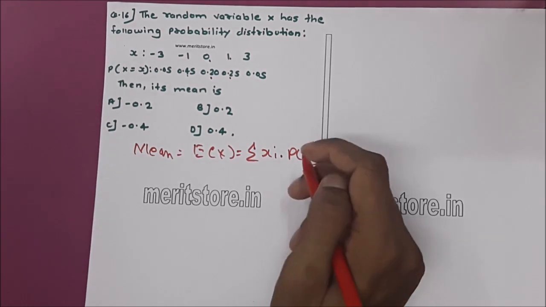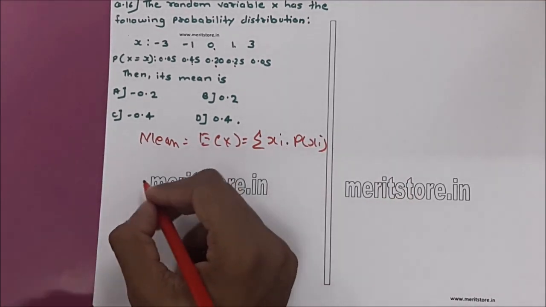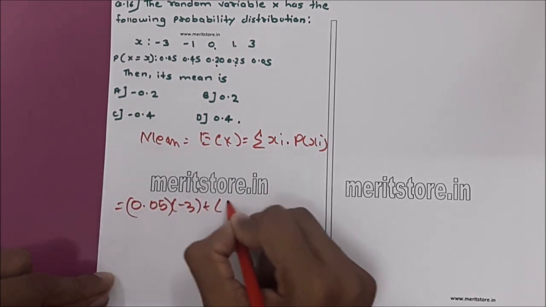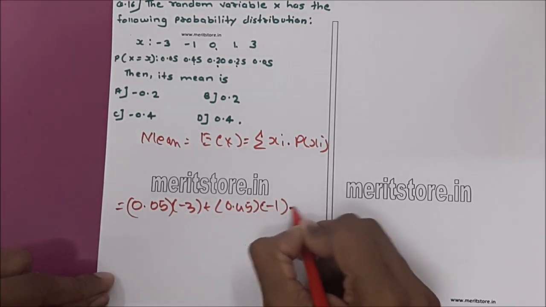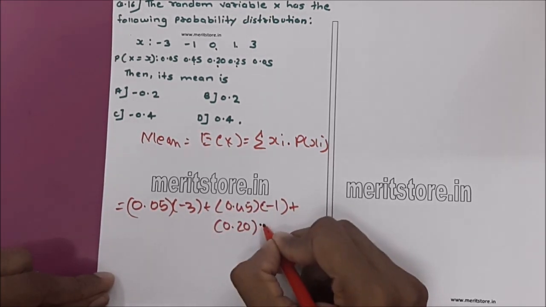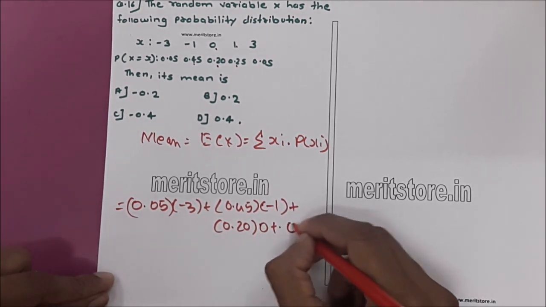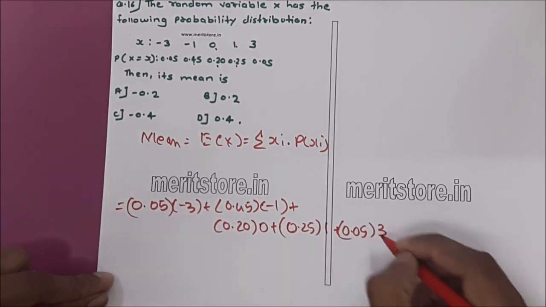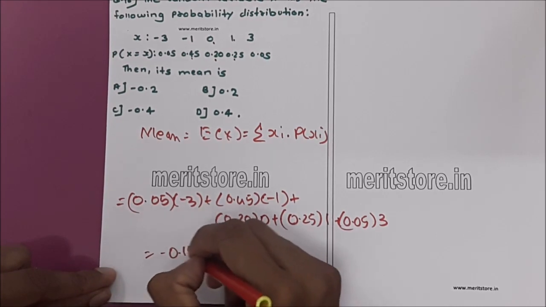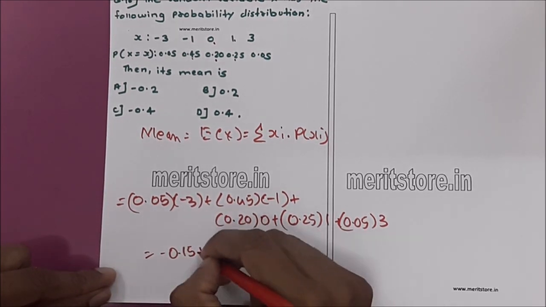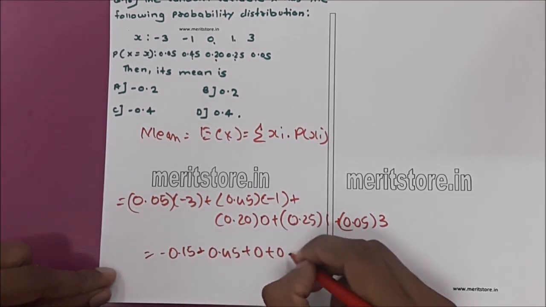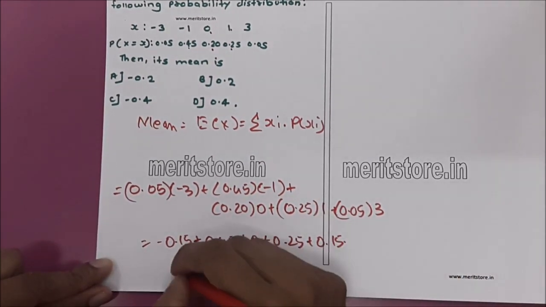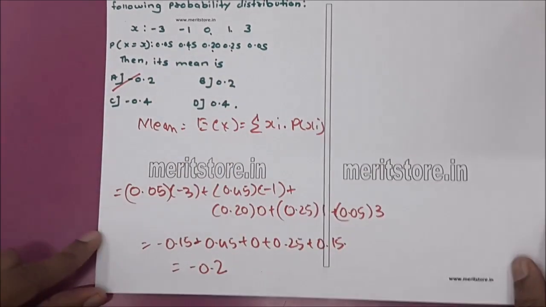So we substitute the values of xi and p of xi, we get 0.05 into minus 3 plus 0.45 into minus 1 plus 0.20 into 0 plus 0.25 into 1 plus 0.05 into 3, which we get as minus 0.15 minus 0.45 plus 0 plus 0.25 plus 0.15, which is equal to minus 0.2, which is option A. Option A is the correct answer.